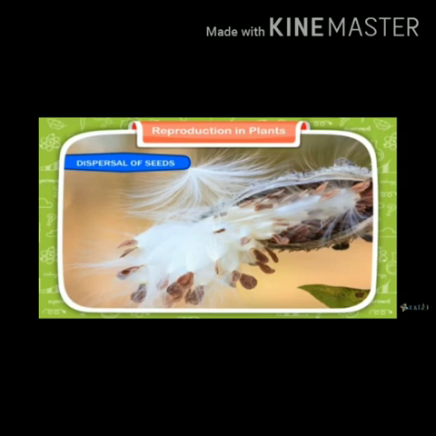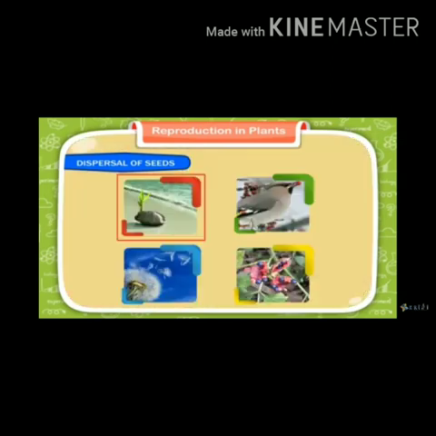I repeat once again, children. The process of scattering or spreading of seeds to different places is known as dispersal of seeds. Dispersal of seeds happens through water, wind, animals and explosion of the fruit. They are known as agents of dispersal.